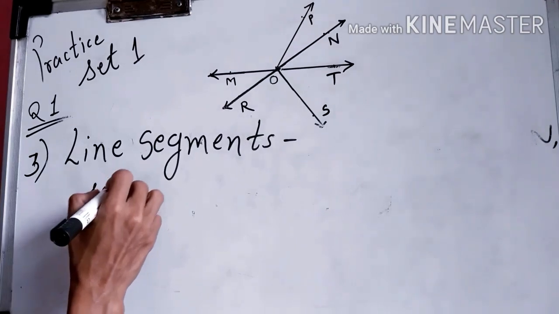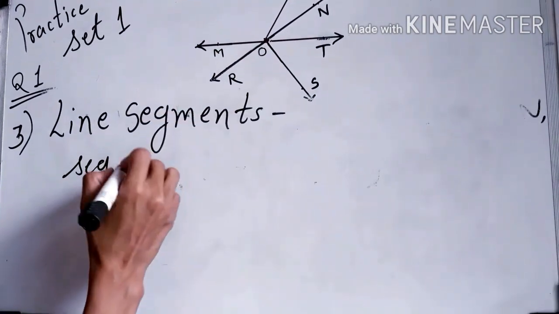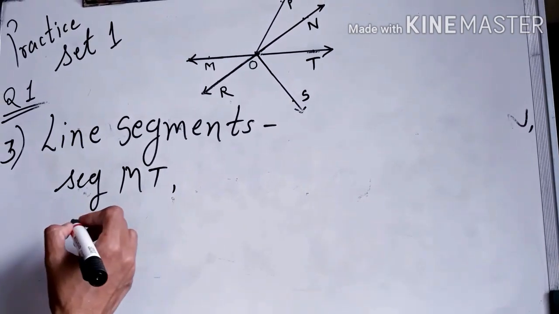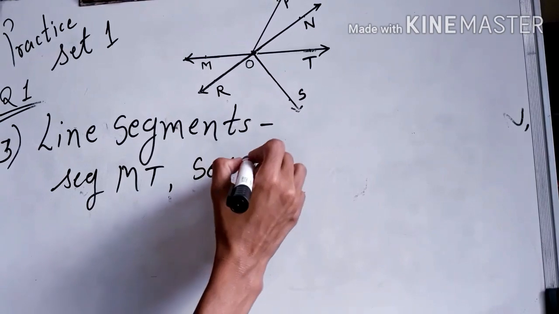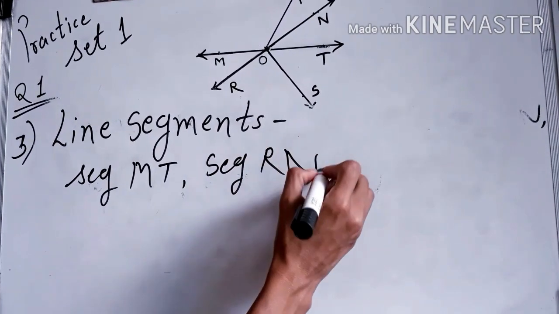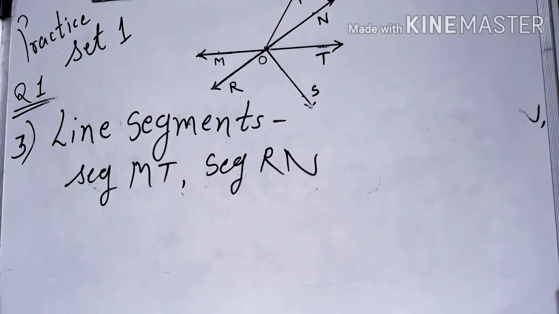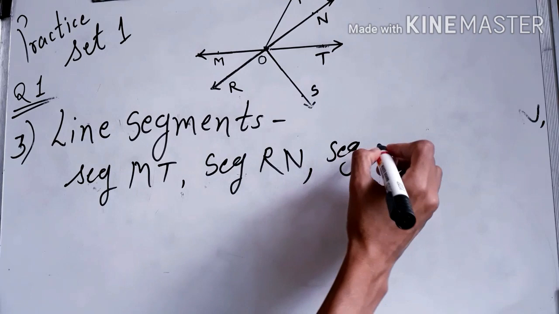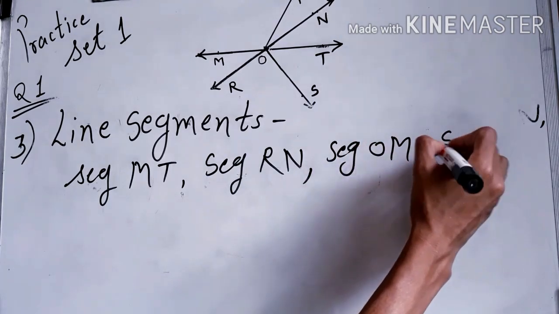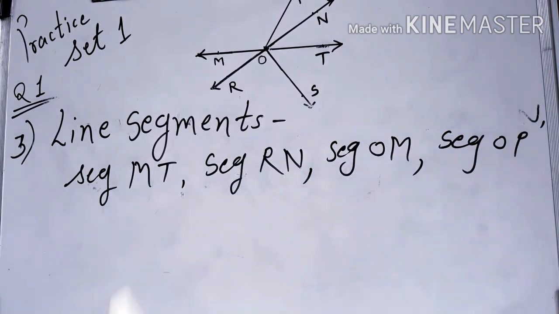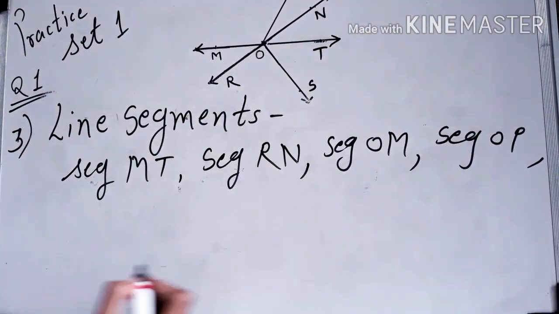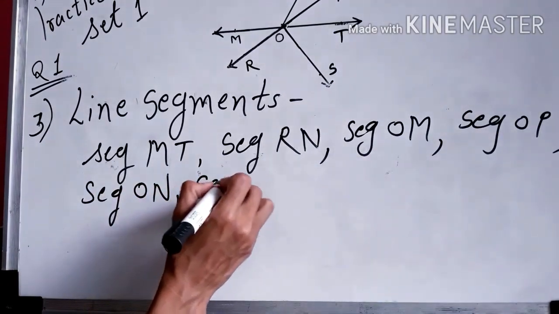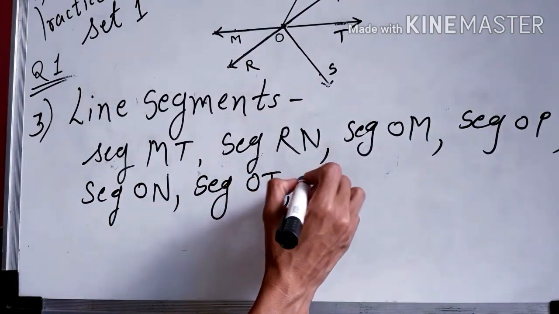So here is the segment MT. Segment, I write in short as seg, that means segment. Then segment RN. Then third is the segment OM. Segment OP. Then seg ON. Seg OT.